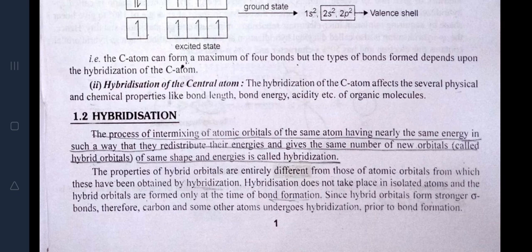The properties of hybrid orbitals are entirely different from those of the atomic orbitals from which they have been obtained by hybridization. Hybridization doesn't take place in an isolated atom and the hybrid orbitals are formed only at the time of bond formation. Since hybrid orbitals form stronger sigma bonds, therefore the carbon atom and other atoms undergo hybridization prior to bond formation.